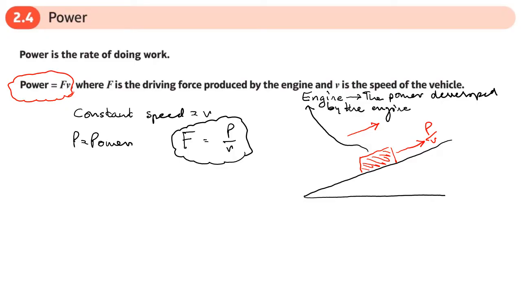That power developed by the engine will be given in watts or kilowatts, and that's what's going to go here. If it's kilowatts, it just means you times it by 1,000. If it's traveling at a constant speed, you divide it by whatever that constant speed is.